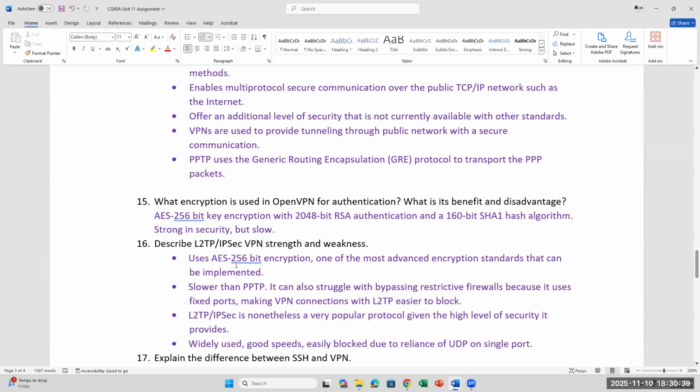When you're using IPsec or L2TP, you are also using AES 256-bit encryption. It is by standard advanced, and it is commonly implemented. It is slower than your typical PPTP, but it is safer because it is restrictive when it's bypassing the firewall.